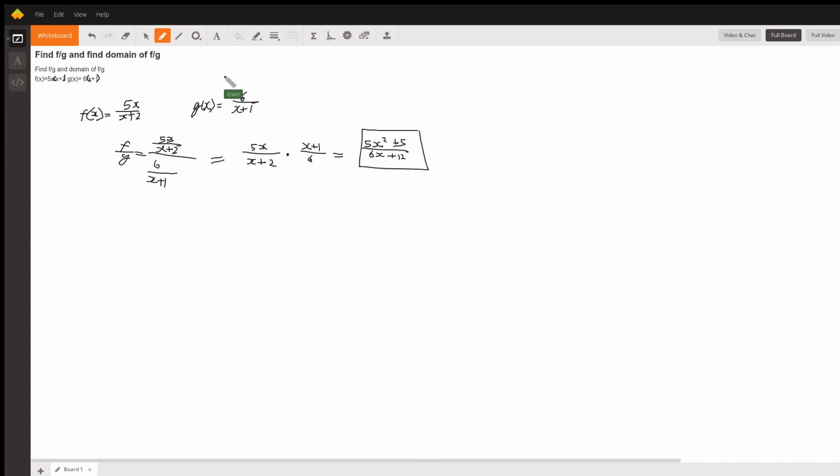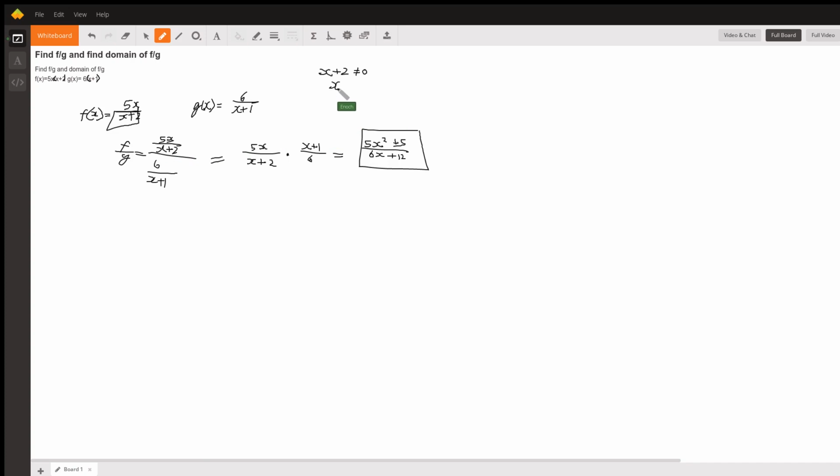Now for the domain, we have a couple of restrictions. First of all, this can't be 0. So x plus 2 cannot equal 0. That would make the numerator undefined, which would make the whole thing undefined.